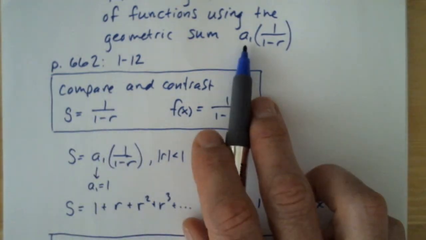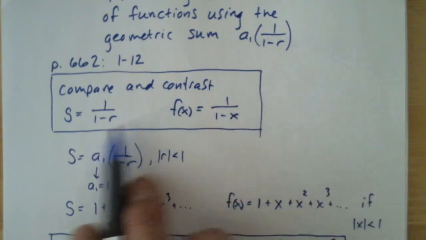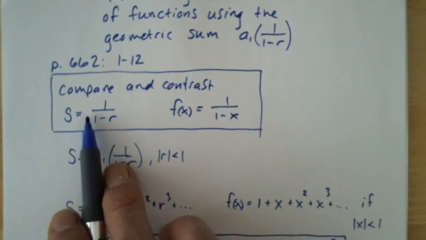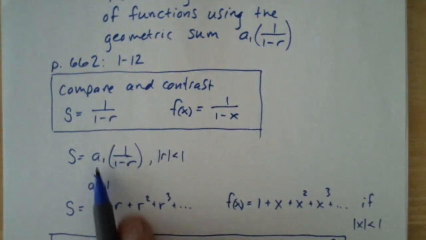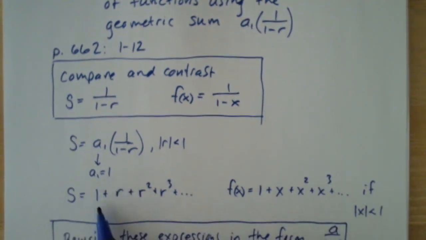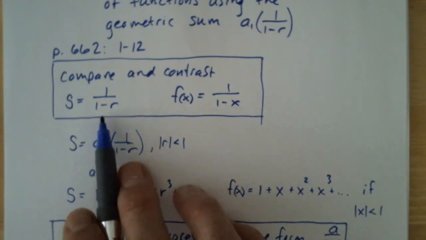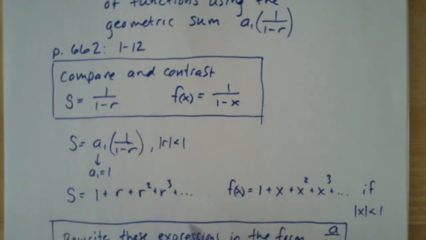The first term of the sequence is part of the formula, and here I didn't have anything written there, so we would say that it's a 1. So the first term is 1, and if the common ratio is r, then we would just go 1 times r, and then r times r times r, and so this would be the series, and that would be the sum of this series.